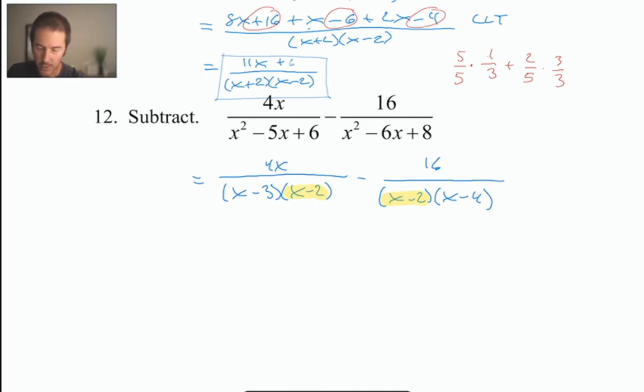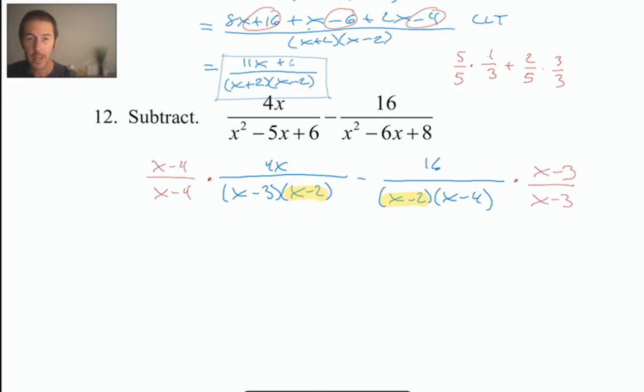However, the first fraction is missing an x minus 4 in the denominator. The second fraction is missing an x minus 3 in its denominator. So it's time to get generous. Let's multiply this first fraction by x minus 4 over x minus 4. And let's multiply the second fraction by x minus 3 over x minus 3.